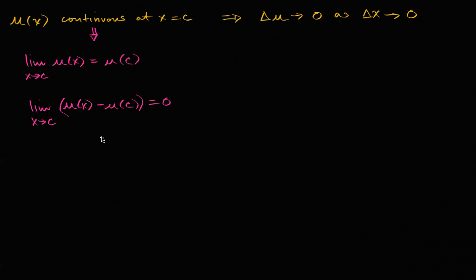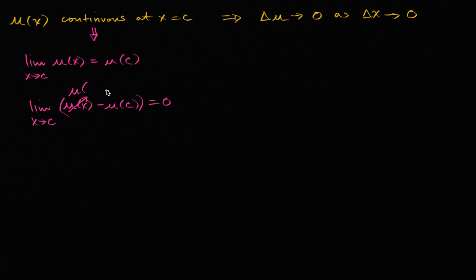And actually, in the video where we prove that differentiability implies continuity, we started with this and we proved that right over there. We showed that these two are equivalent things. But hopefully you could even think about the intuition. If the limit of u of x as x approaches c is equal to this, then when you evaluate this limit, well, this thing is going to approach u of c, because we saw it right up here. u of c minus u of c is indeed going to be equal to 0.